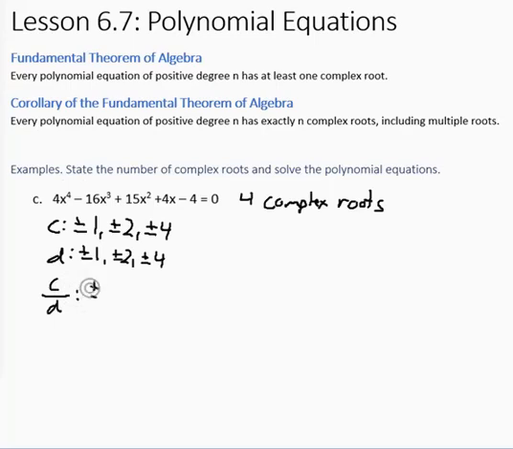So 1 over 1, 2 over 1, 4 over 1, 2 over 1 we already have, 2 over 2 we already have, 2 over 4, which is a half, and 4 over 1, 4 over 2, and 4 over 4. We have all of those already.